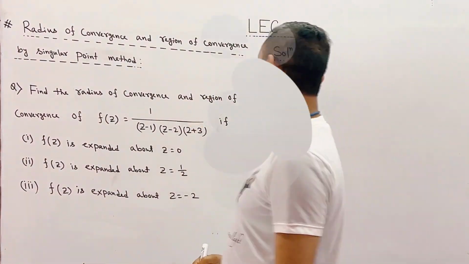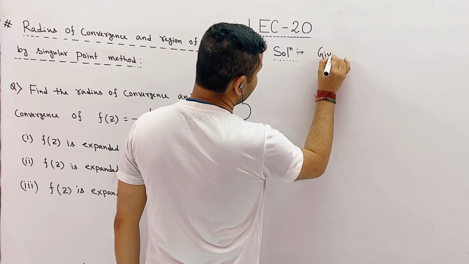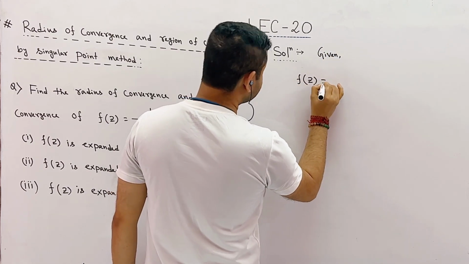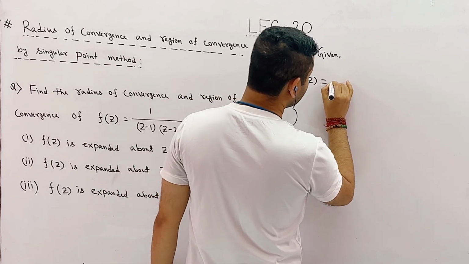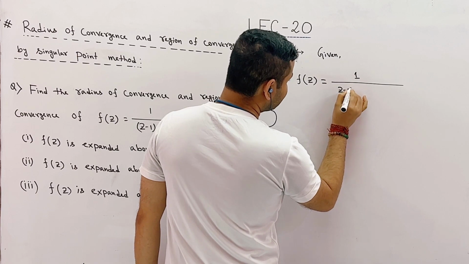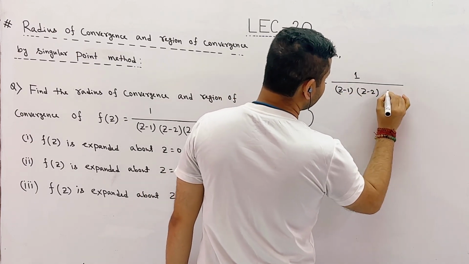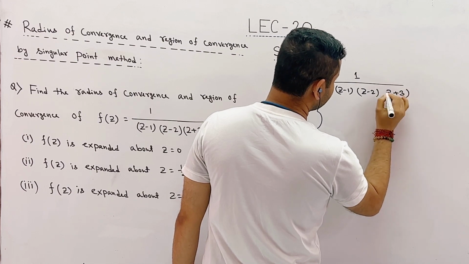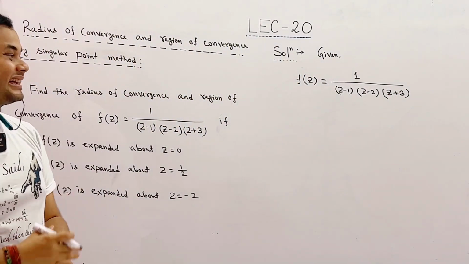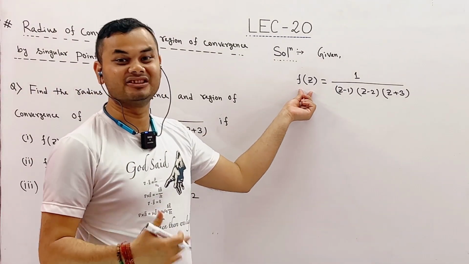Now let us solve. Given f of z is equal to 1 by z minus 1 into z minus 2 into z plus 3. Now let us find out the singular points. Students, we know that singular points are the points at which the function f of z is not analytic.